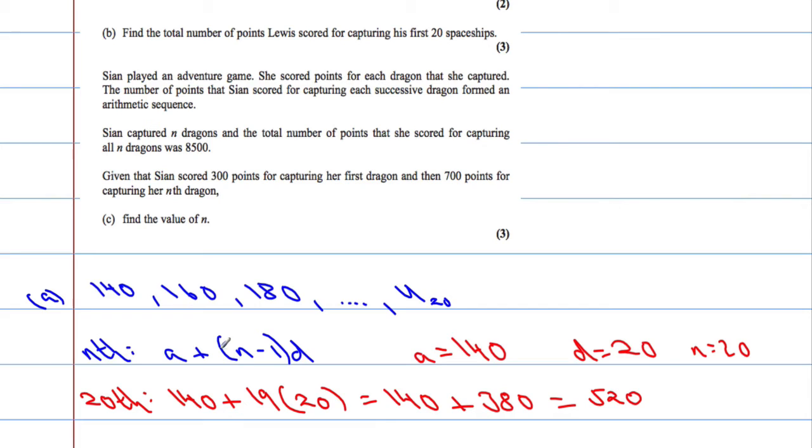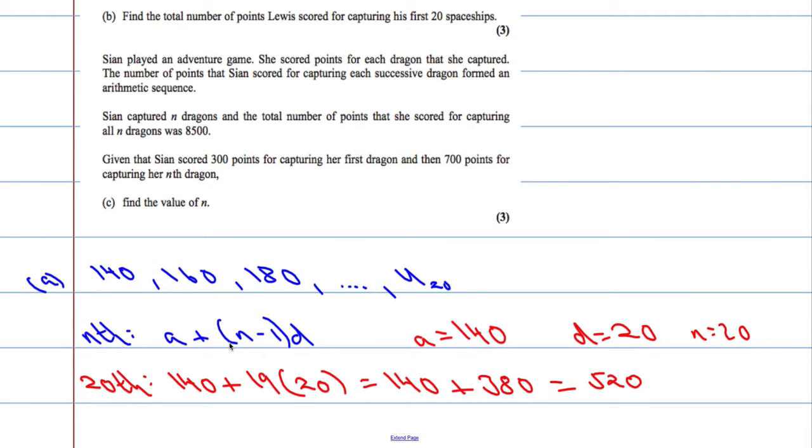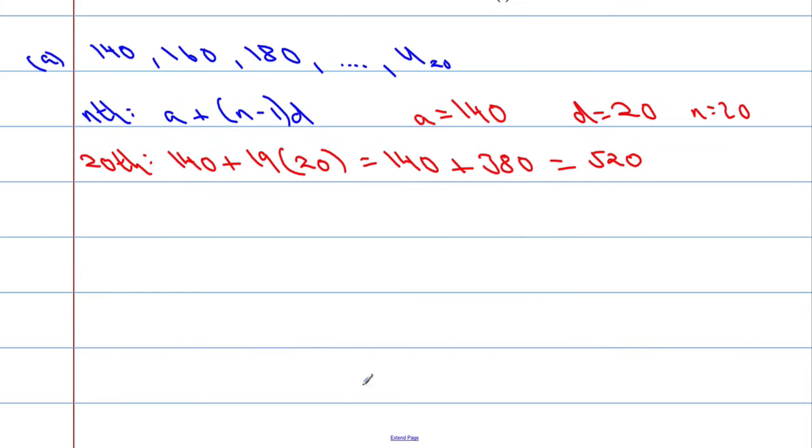Okay, part B, we're asked to find the total number of points Lewis scored for capturing his first 20 spaceships. So I want the sum of the series. So I want S of 20. Now, I'm going to use the formula n over 2, or a half n as it's more commonly seen in the formula book.